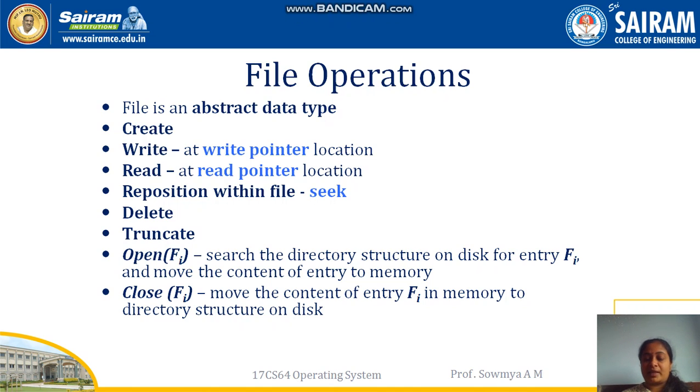And close Fi: the open file Fi can be moved from the directory on the disk to the main memory based on the open Fi pointer. And with close Fi, again we use the Fi pointer to move the file from main memory to disk.